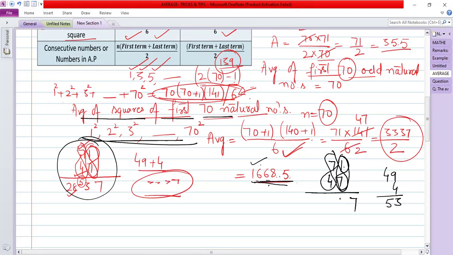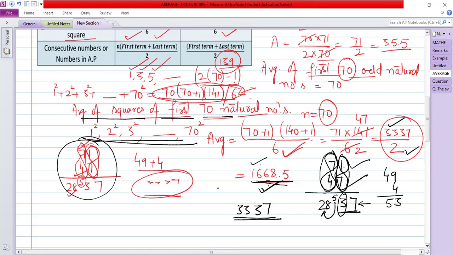For that, I wrote 3 here and 5 as the carryover. And lastly 7 into 4, 28. So now the product of 71 and 47 will be 7, then 3. We start from the unit digit, then the tens digit, then this 5 and this 28. This will give us 3337. And then this 3337 divided by 2 gave us this one.